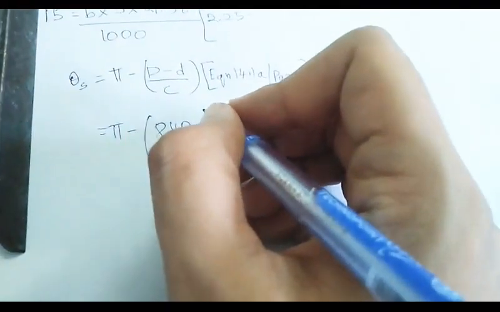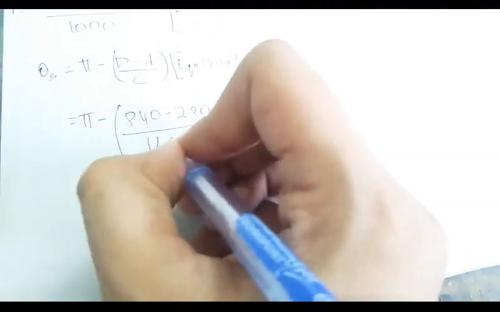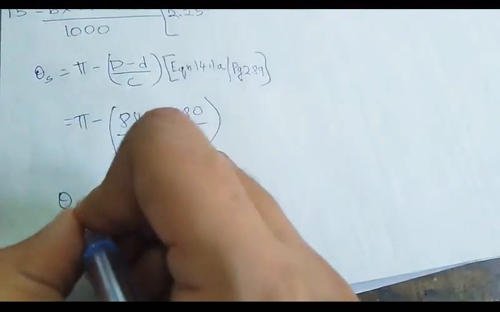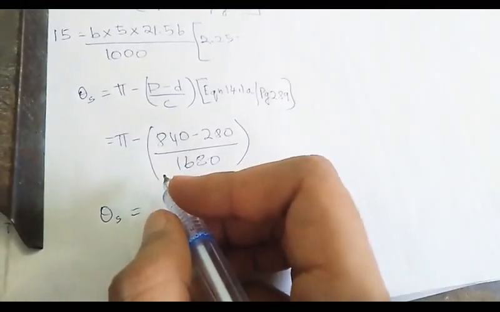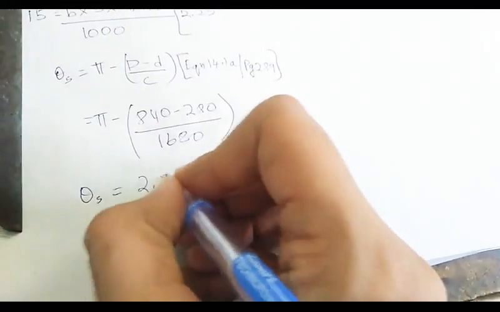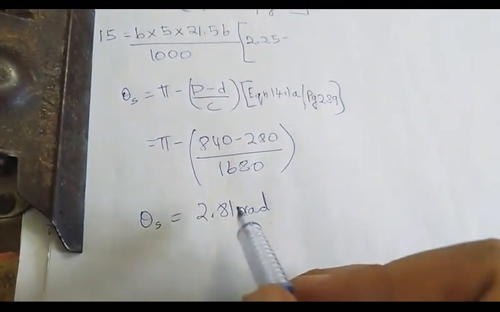D is 840 minus 280 by 1680. 2.81 radians. This is the formula for radians, so the value of theta we will get directly in radians.